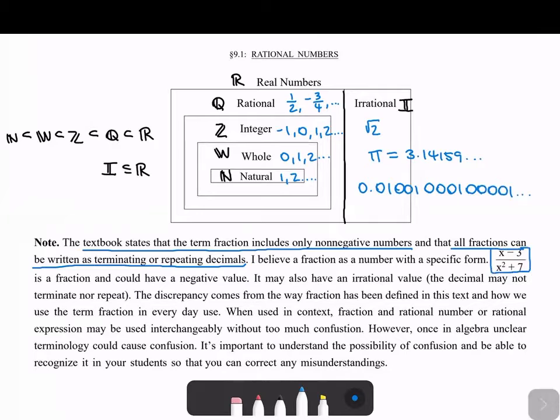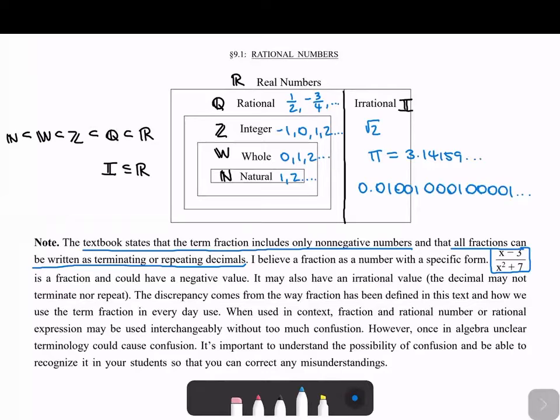The fraction bar has this implied division, and that's what really characterizes a fraction. Because as we've seen, we deal with negative fractions all the time. And so it doesn't really make sense to restrict our thinking of fractions to just the positive and 0 rational numbers. That doesn't make a lot of sense with how we use the term fraction in real life.